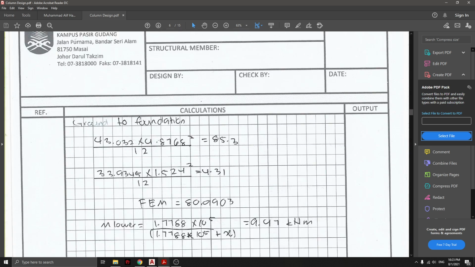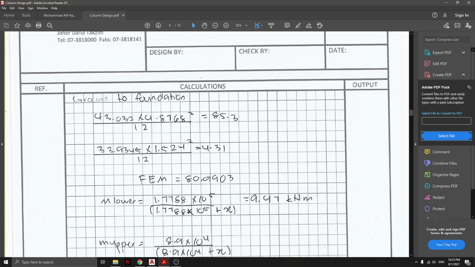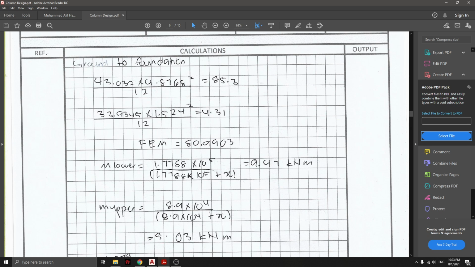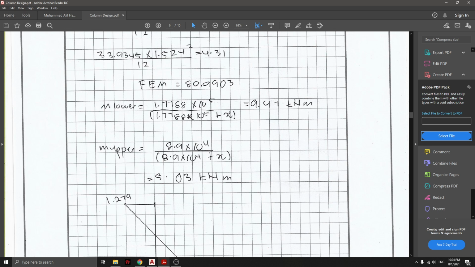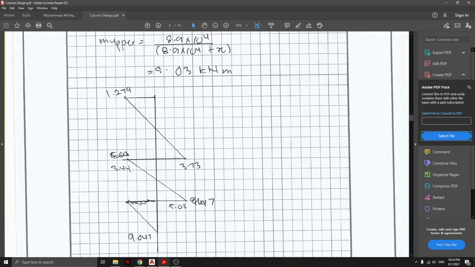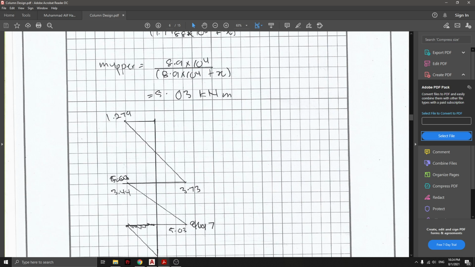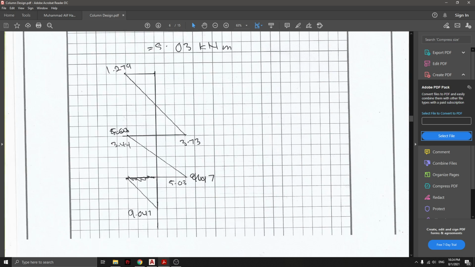And then ground to foundation, M minus FEM, I got 80.9903, M lower 9.47 kilonewton meter, M upper I got 5.03. So this is my bending moment.